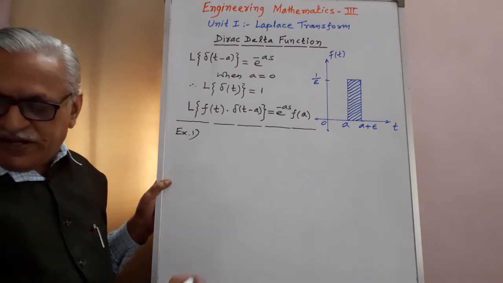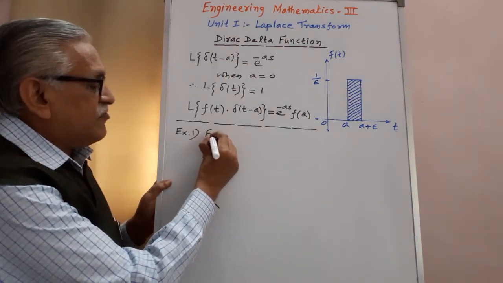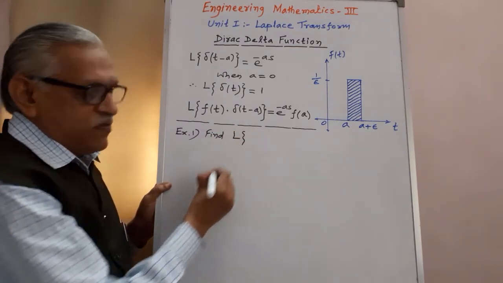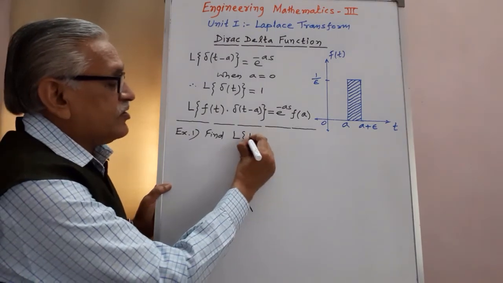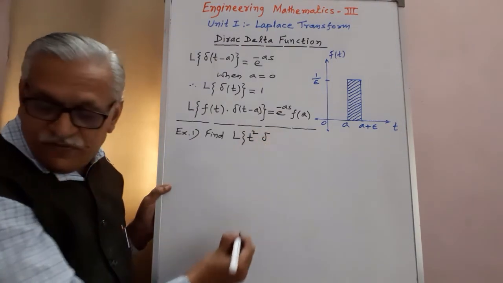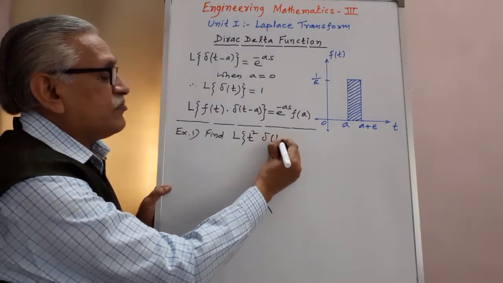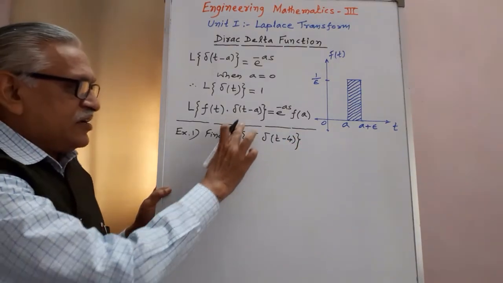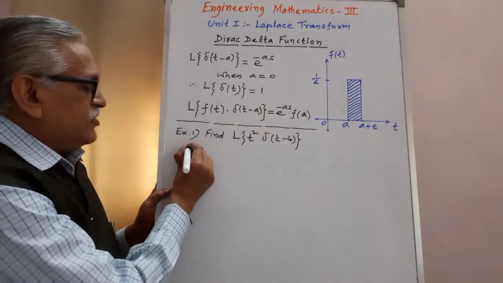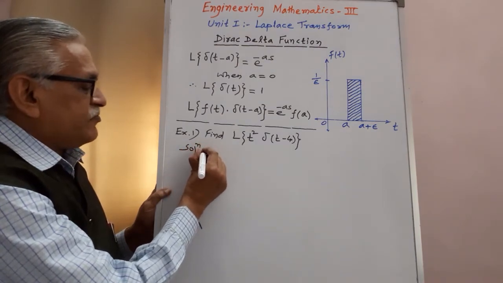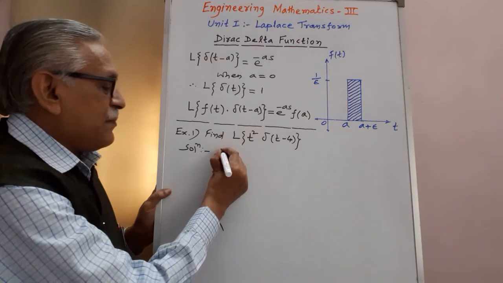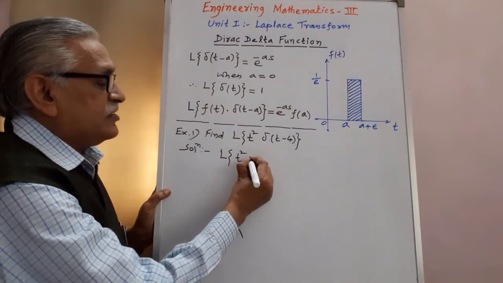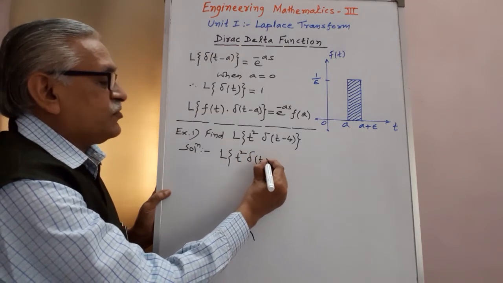Example 1, find Laplace transform of t square into delta of t minus 4. To find this Laplace transform, we apply this result, and therefore the solution to this problem: Laplace of t square, that function f of t is here t square, delta of t minus 4.